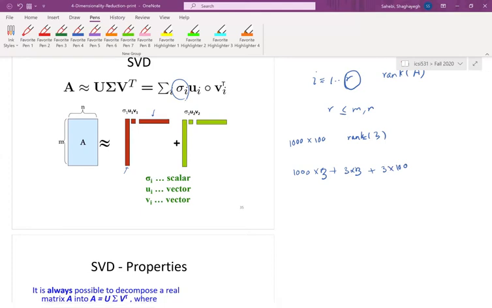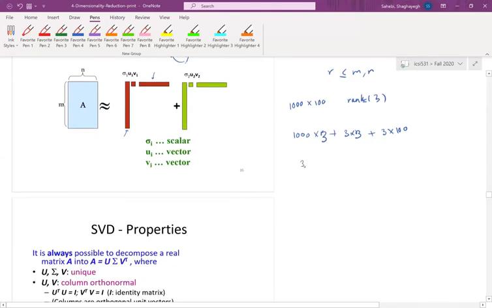Okay. Now, if we want to go into even lower dimensions than 3, so originally SVD has the rank, right, which is 3 dimensions. We can go even lower. We can go from rank 3 to 2.